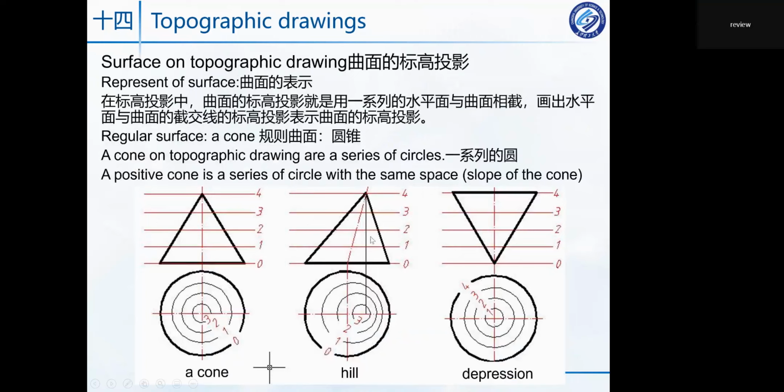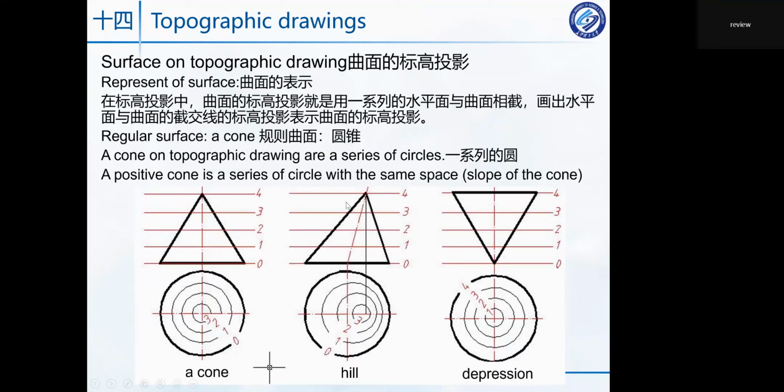Okay, and as for this one, it's not the same. You can see this position, the slope is lower than this one. This side is more steep, and this one is more gentle. So it's not a regular one.